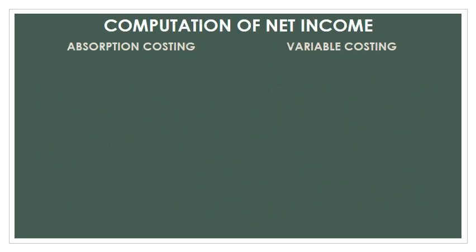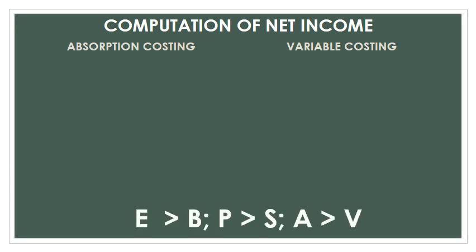Okay. Yung absorption costing at variable costing using the previous illustration or yung sample problem natin kanina na kinuha natin ang gross margin at yung contribution margin. So, let's start with the EBPSAV. So, sabi natin kanina, yung production ay greater than the sales kasi 40,000 and 37,000 yung sales.